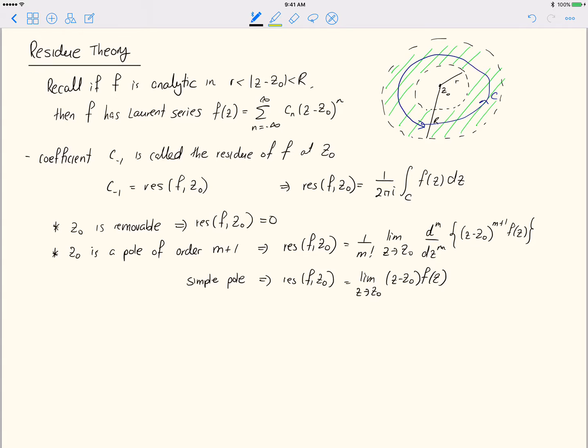Now, if you have an essential singularity, then as far as I'm aware, there's no shortcut. So in that case, if you want to find a residue, you would have to literally compute c minus 1 by hand.